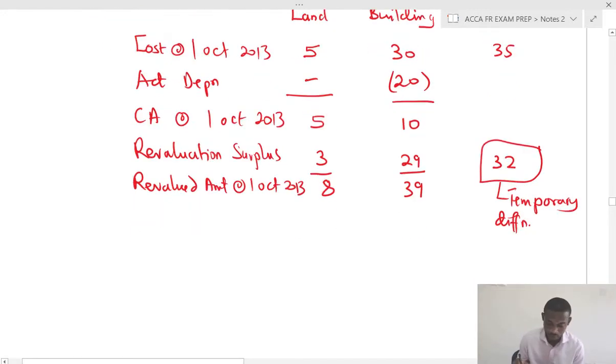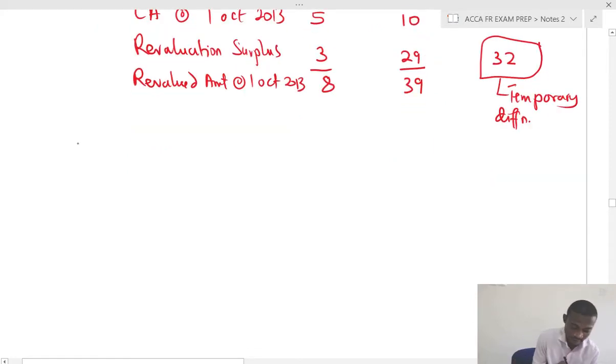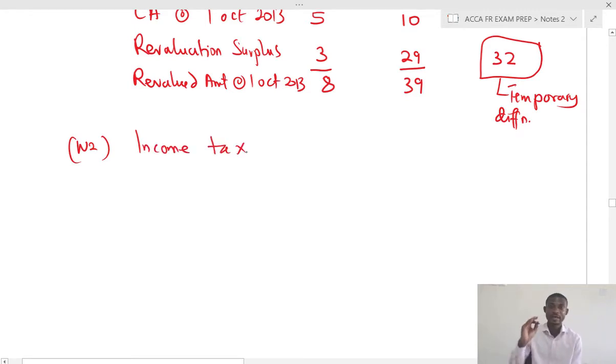And here I want to share with you a very significant exam technique. So what I'll do is to say current and then have by the side deferred. So I'll bring the opening balances. So I'll say balance brought forward.